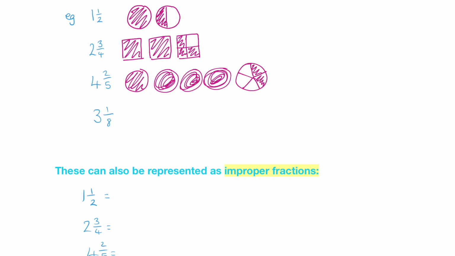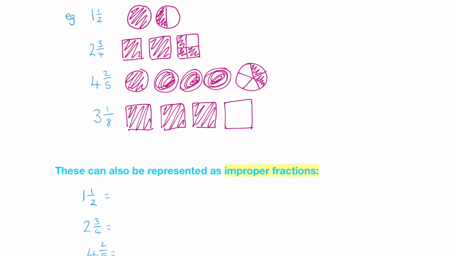And then 3 1/8. Well, I'm going back to squares again because it's easiest. So 1, 2, 3 whole ones, and 1/8. So that means I need to split this final square into 8 pieces. I'm going to do it this way. And we need to choose 1 of them, 3 1/8.